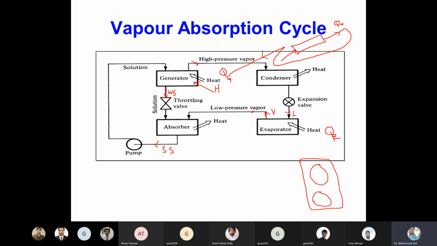In the lower drum they have the absorber and evaporator, whereas in the top drum they have the generator and the condenser. That means the evaporator and absorber are at the same, low pressure, and similarly the generator and condenser are at high pressure. So they are called high pressure operating components, and the absorber and evaporator are called low pressure operating components.